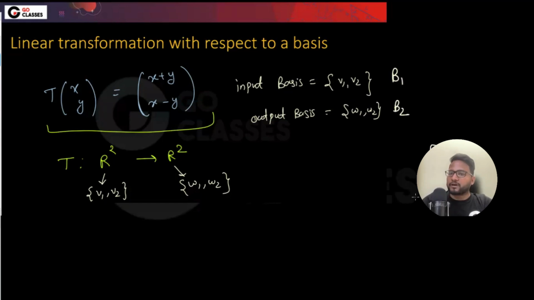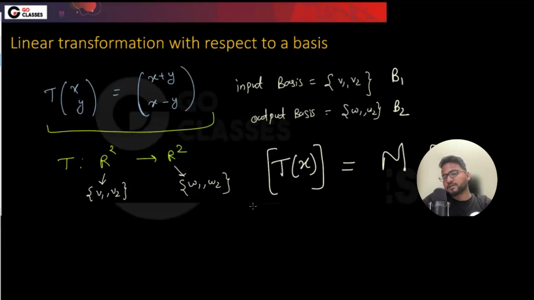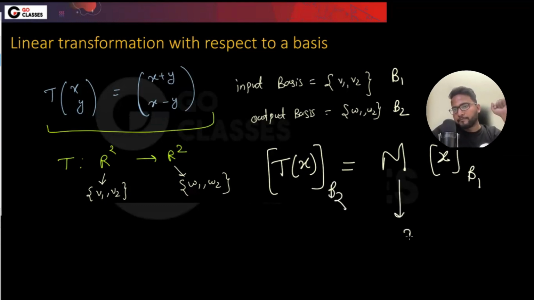I will take that vector and multiply it with some matrix M. This matrix will do the transformation. Also the transformed vector will get changed to the basis B2, which means that finally whatever I get, which is the transformation of X, I don't just want the transformation, I want that to be in B2. This is my objective and I want to find M.